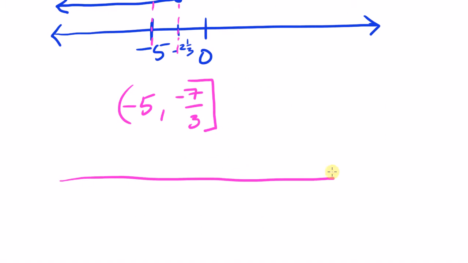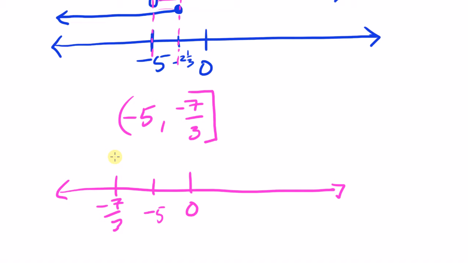So look at this. Look at what I did here. I said this was 0. I said that this was negative 7/3, which it wasn't, and this was negative 5, and I went like this. Now here's the question.